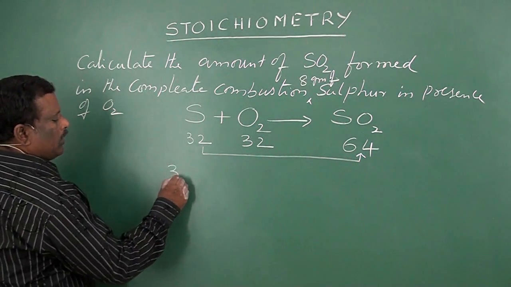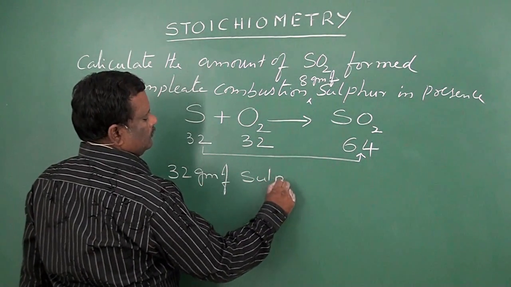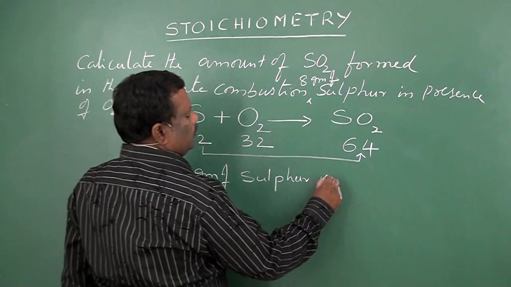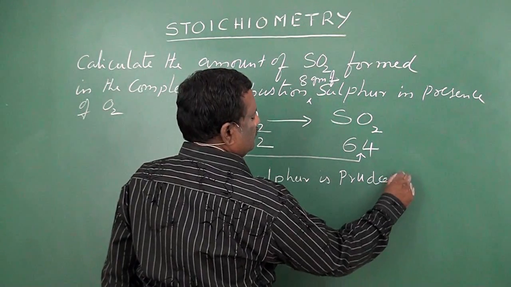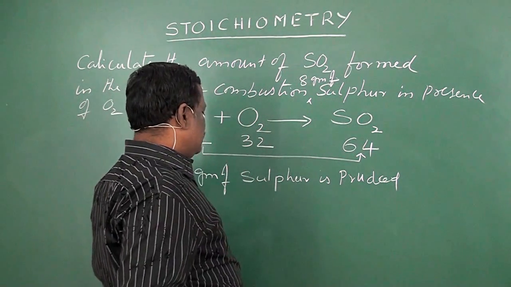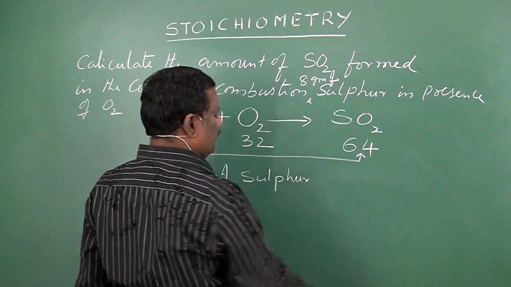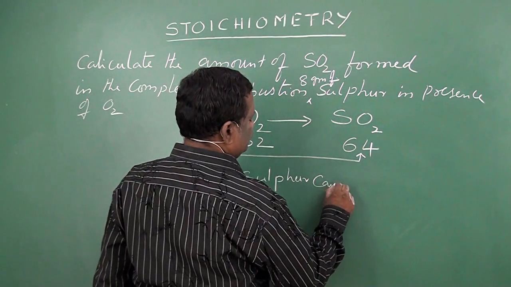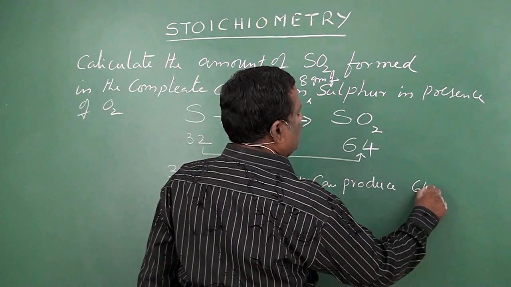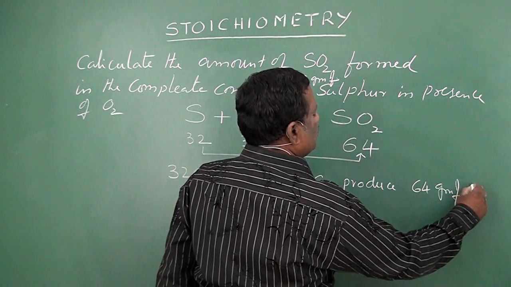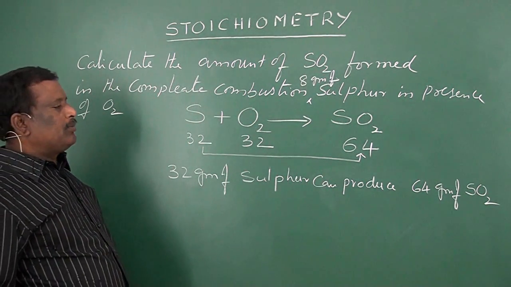So write down: 32 grams of sulfur can produce 64 grams of SO2.